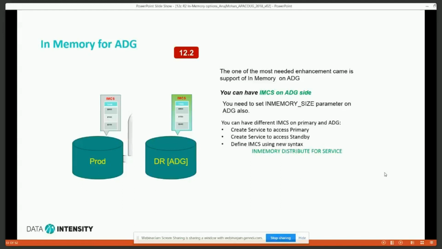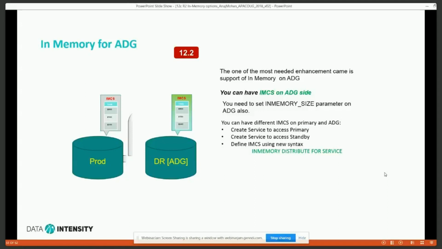There is some flexibility, so you can have a different in-memory column store on primary and active data guard. All you need to do is create a service to access primary, then create a service to access standby. You create a service to access the in-memory column store on the primary side and standby side.